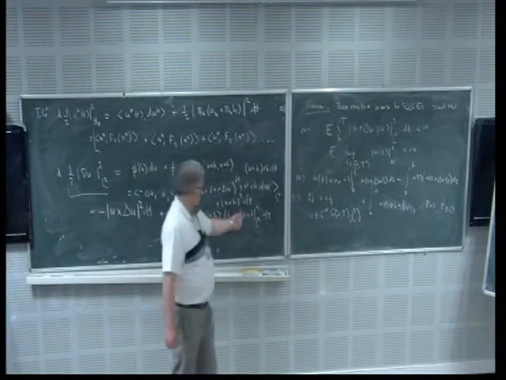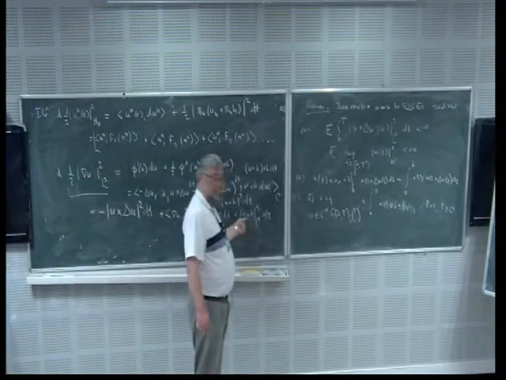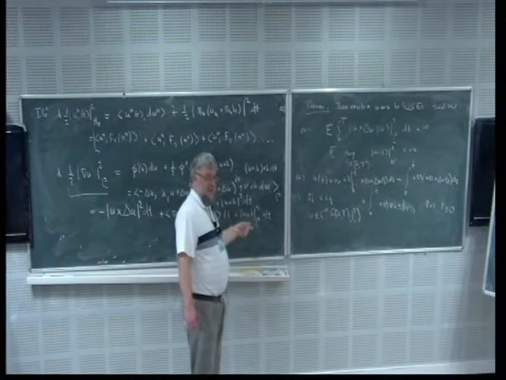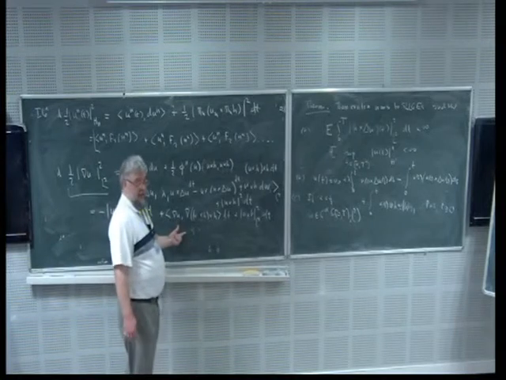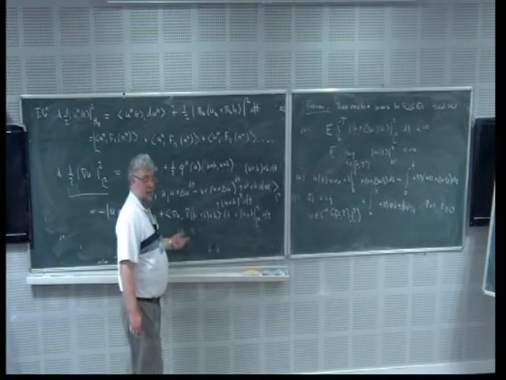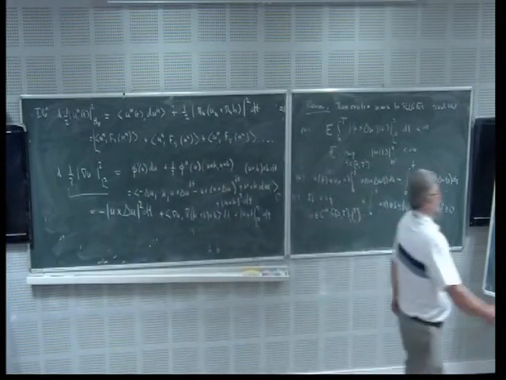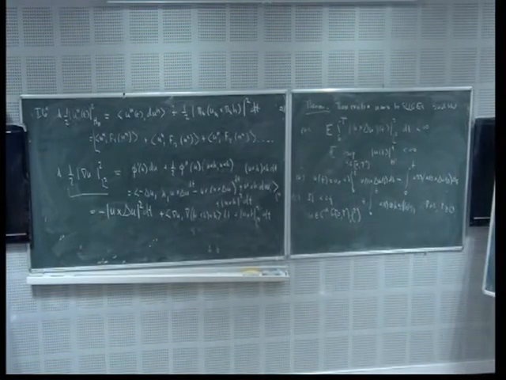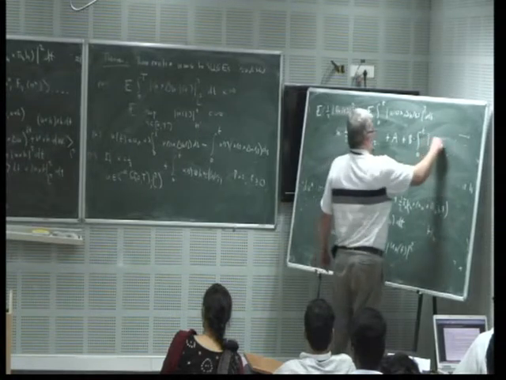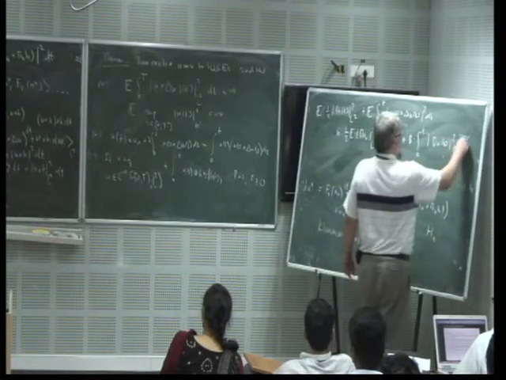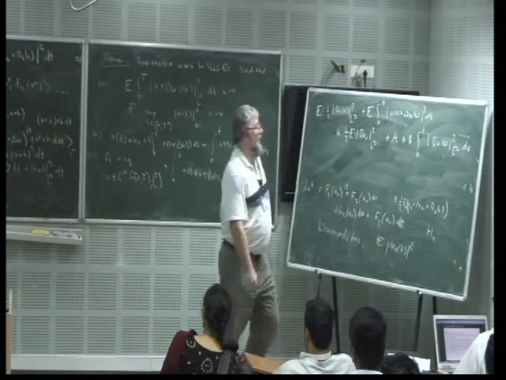This is bounded because u is bounded. But this term can be estimated by a constant times gradient u. So what we'll get is plus some constant n plus some constant b, integral from 0 to t, gradient u of s squared L2 ds, expected value.